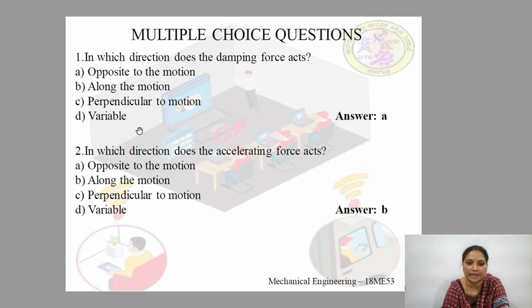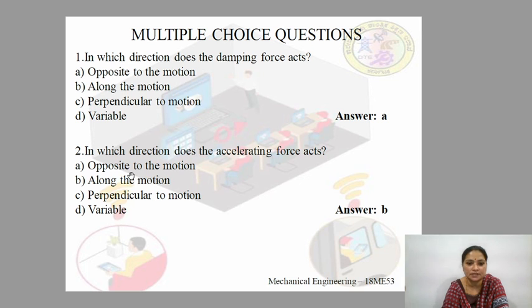We all know that the damping force always acts opposite to the motion, and dampers are introduced to restrict the vibration phenomenon. So therefore the right answer is option A, opposite to the motion.